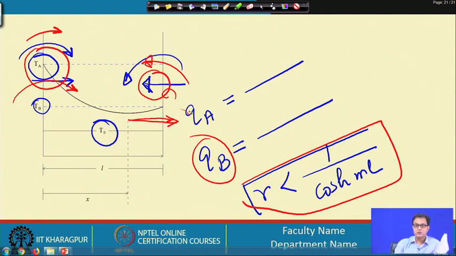So, this is in contrast to the earlier situation, and it will lead to a kind of direct heat transfer from this wall to the other wall, bypassing the fluid stream.